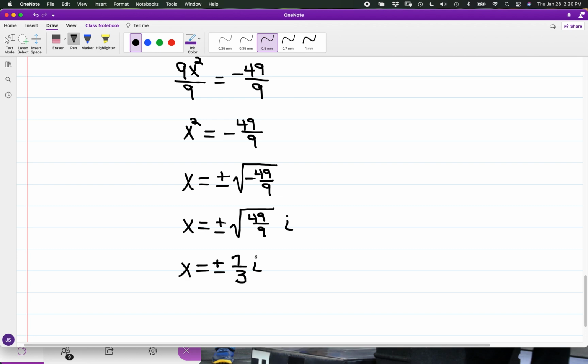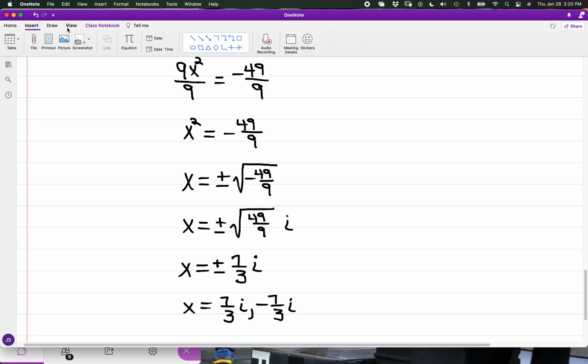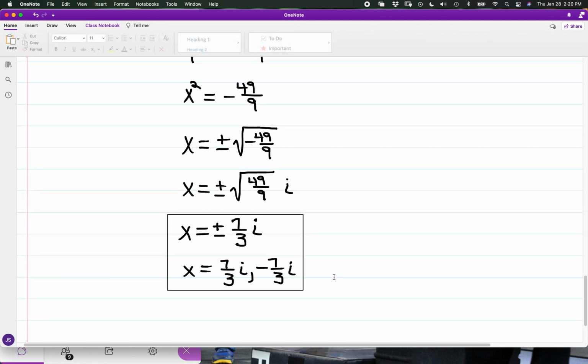So we have yet another two complex solutions with positive and negative 7/3 of i. Again, we had yet another equation leading up to complex roots in the solution.